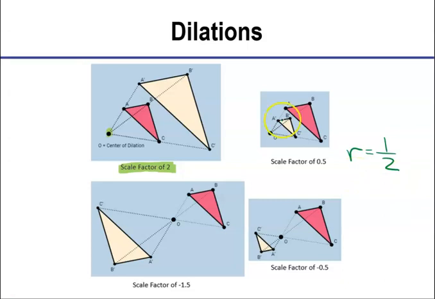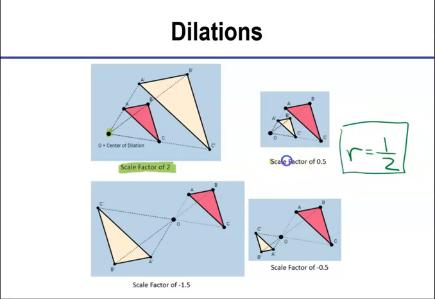Notice the distance between O and A, remember, to the original image, is cut in half now. So your dilation is smaller, and it lands between O and A. See, A prime, B prime, and C prime are between O and A, again, because you have a scale factor of a proper fraction.